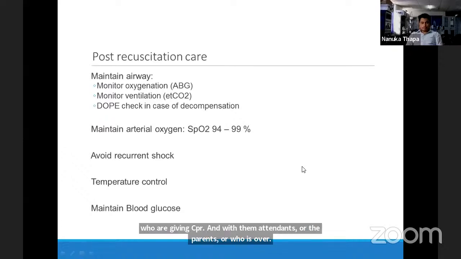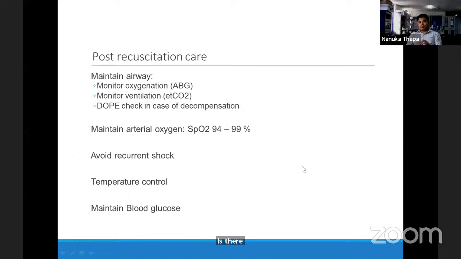So this is a basic outline of advanced cardiopulmonary resuscitation or advanced life support. There are many other things that can be discussed, but the most important thing in this topic is practical skills and practice on mannequins.